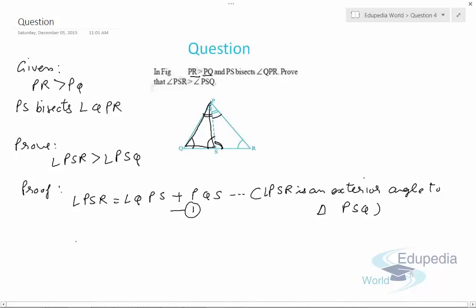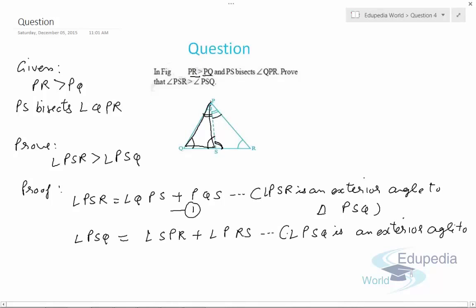Similarly, we can say that angle PSQ equals angle SPR plus angle PRS. Same, angle PSQ is an exterior angle to triangle PSR. Now it's given that PS bisects angle QPR.